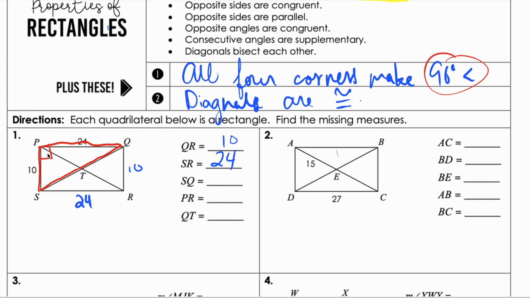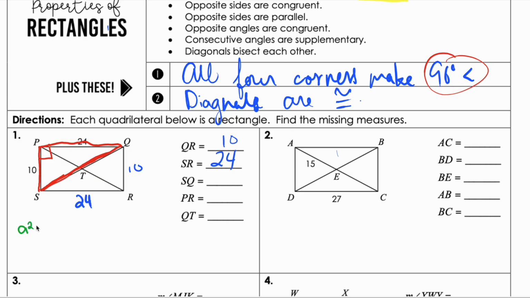So if this is a 90-degree corner, then we have a 90-degree angle in a triangle, which makes it a right triangle. This side is called the hypotenuse of this right triangle. And in order to find the length of a hypotenuse of a right triangle, you might remember from past units that we are going to use the Pythagorean theorem.